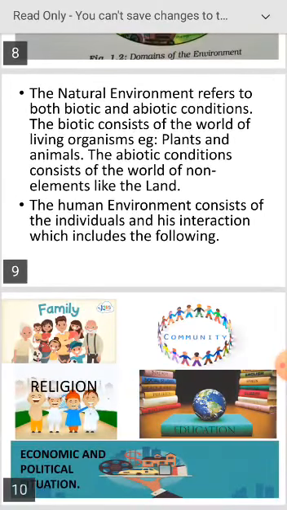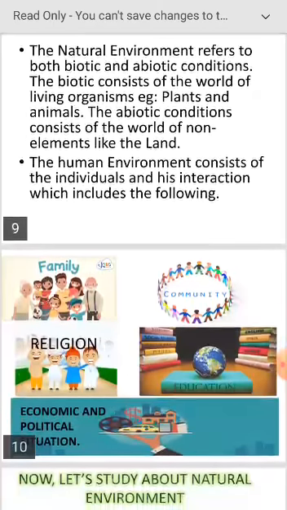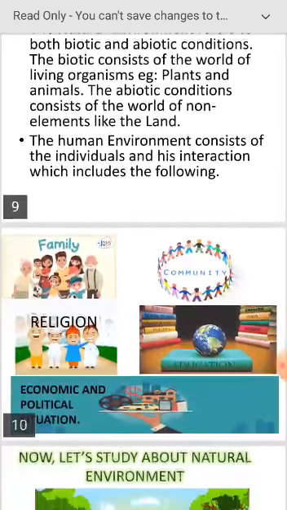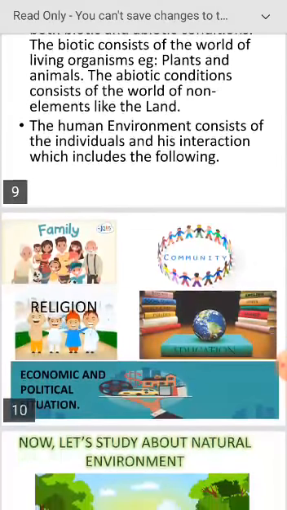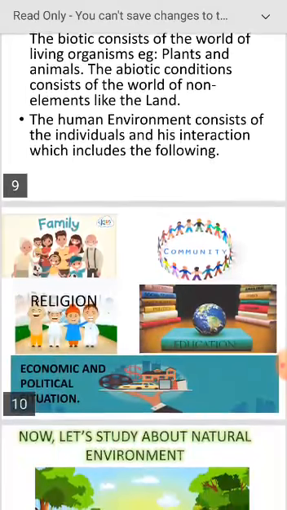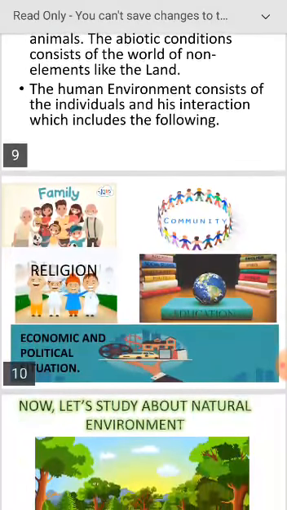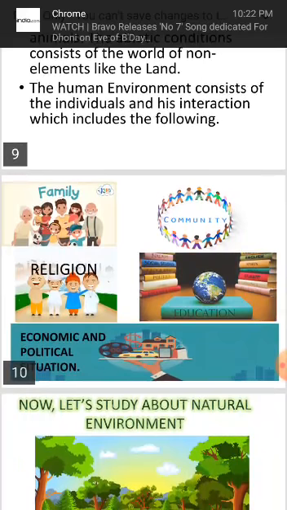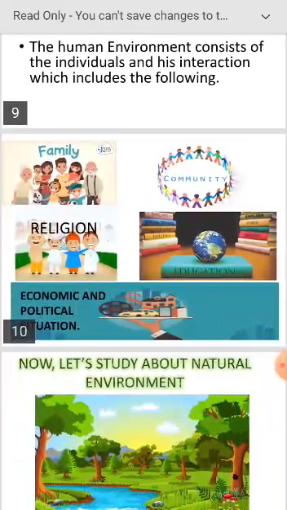What is biotic? It consists of the world of living organisms, for example plants and animals. The abiotic condition consists of the world of non-living elements like the land.